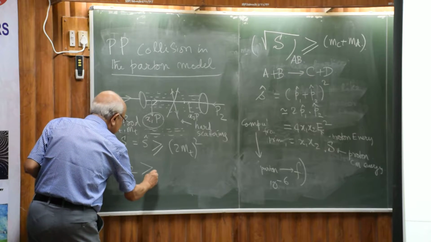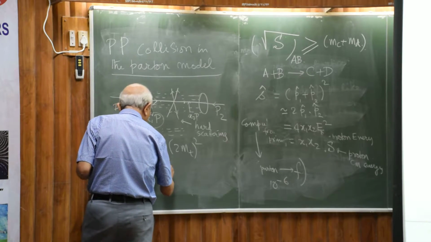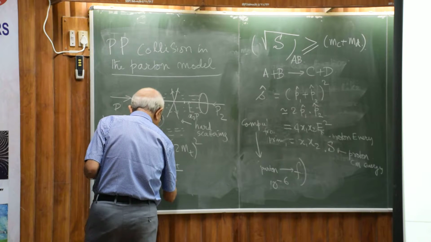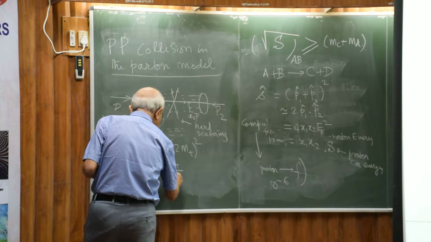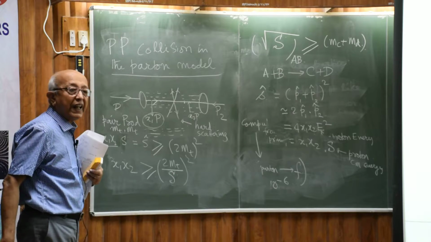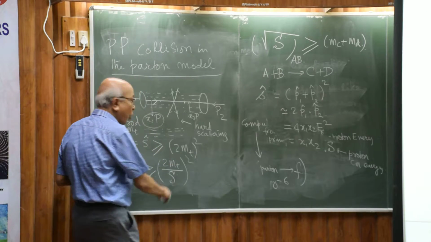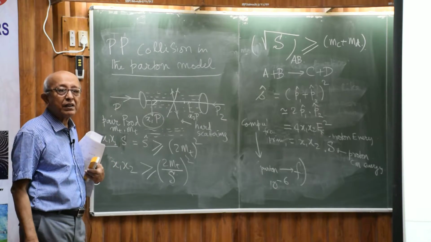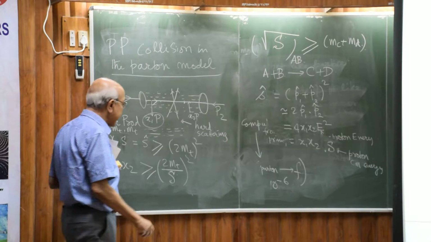What is typical x1 x2 again? It has to be greater than or equal to 2 m top by root s, squared. Again, for simplicity, take the top mass to be 200. It is 170, but for a quick estimate, let us take 200.